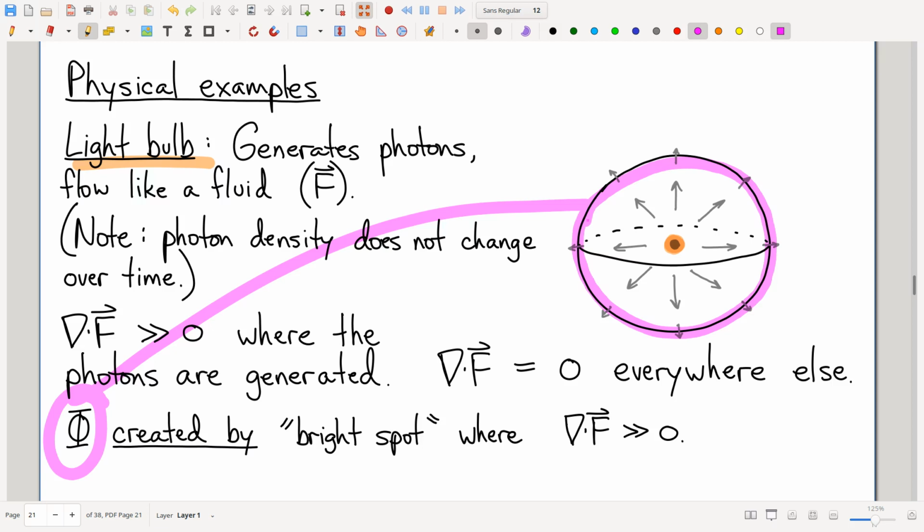So however many photons per unit time this is creating, that's how many photons per unit time are going to pass through that surface. So quantity per unit time of photons through the surface, however many photons per unit time are being created, that's how many are passing through the surface per unit time. So we're going to have a significant flux. However much light's being created, that's the flux.